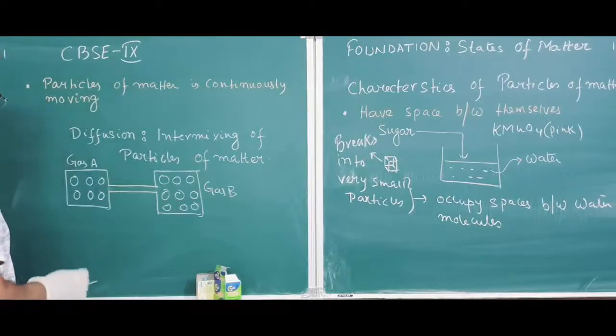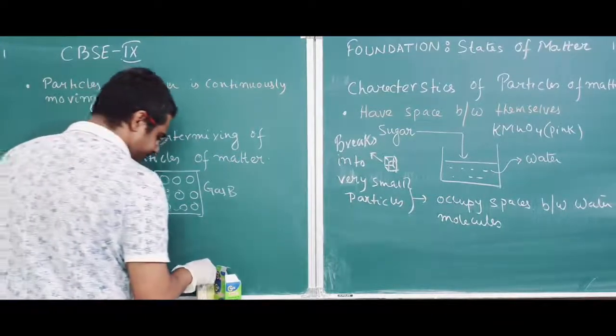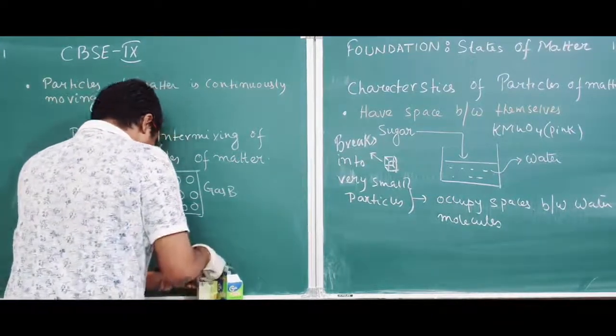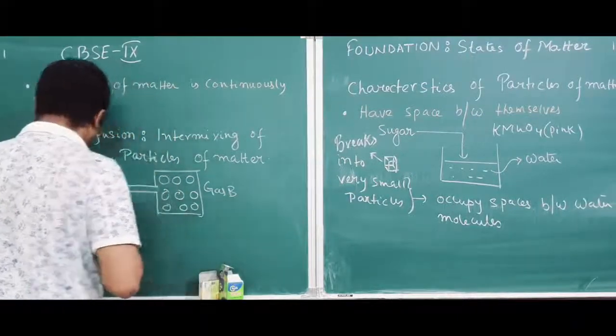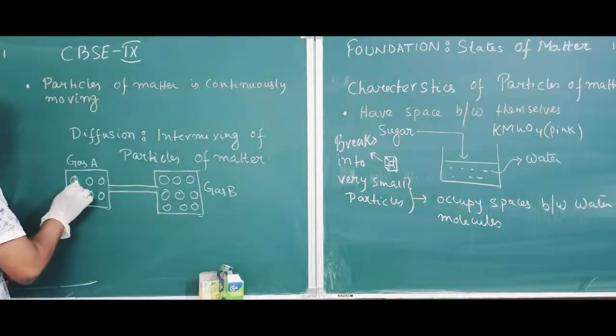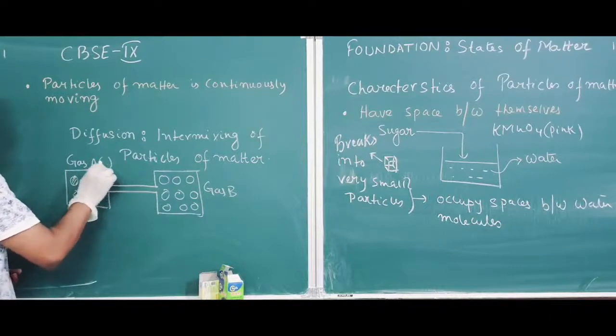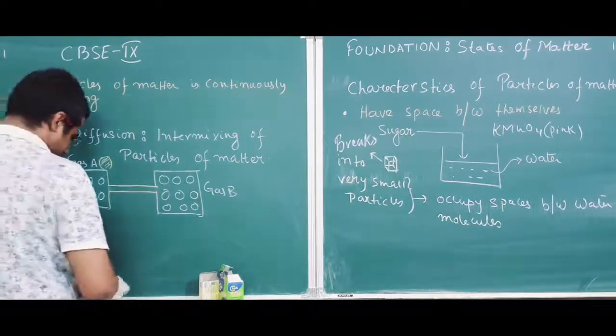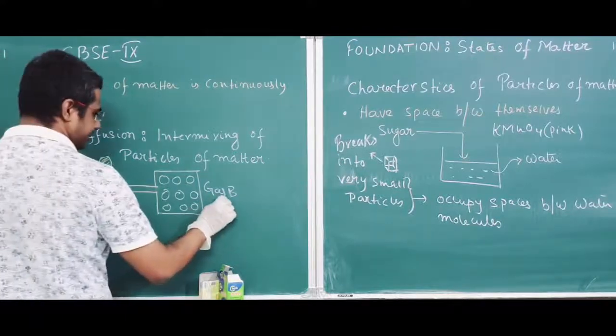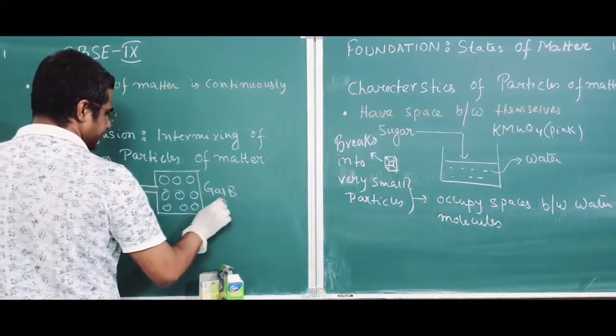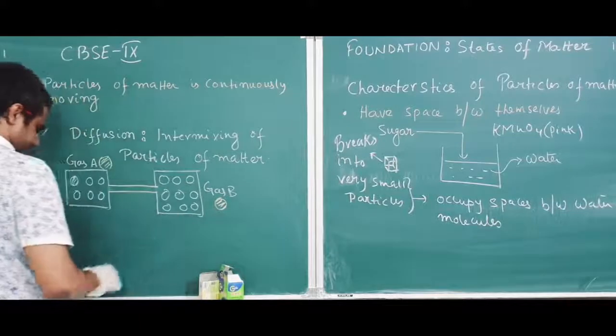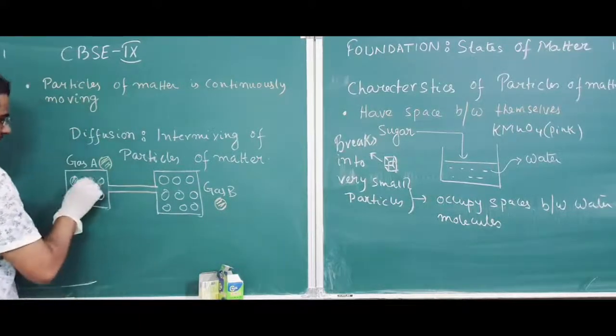See, let's take gas A as yellow, so I think you can see this color, and let's take gas B as this color, or we can take white also, anyhow. After some time what happens?